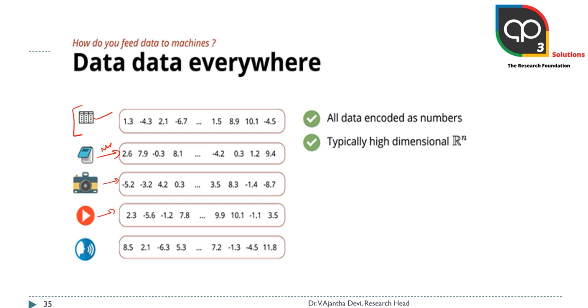And even videos can be represented easily as numbers, because a video is just a collection of images, say 25 frames per second. Each image you could represent as numbers, so you could think of a video as a collection of many such numbers. Again, it would be very high dimensional data, and there are smarter ways of encoding video, and you would typically not do it this way.